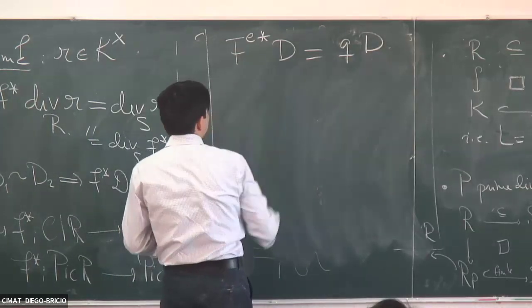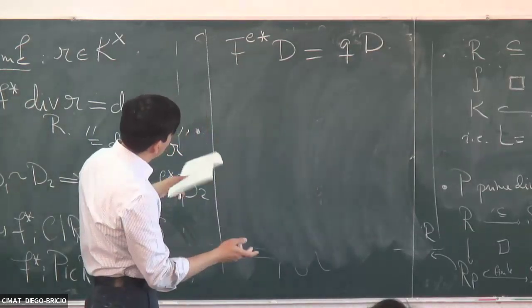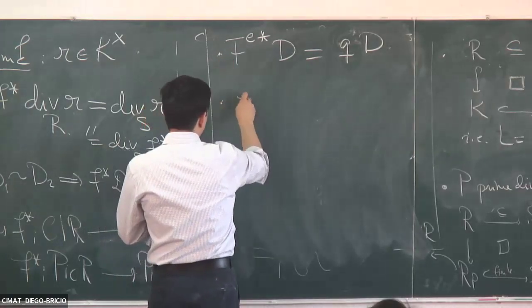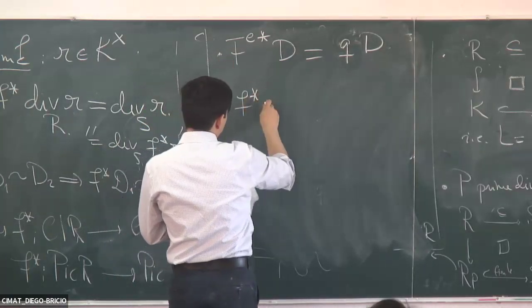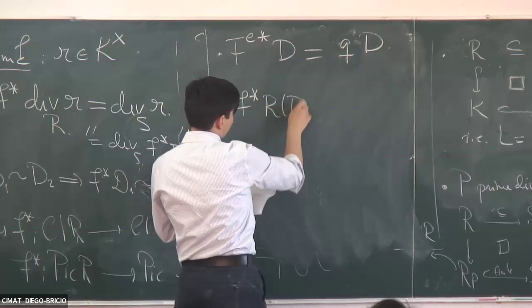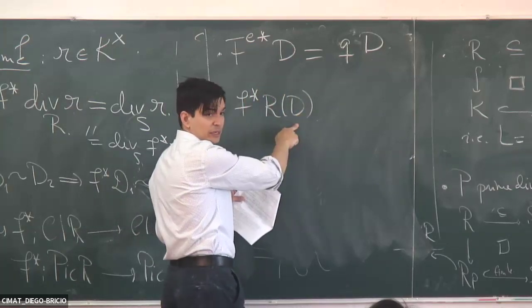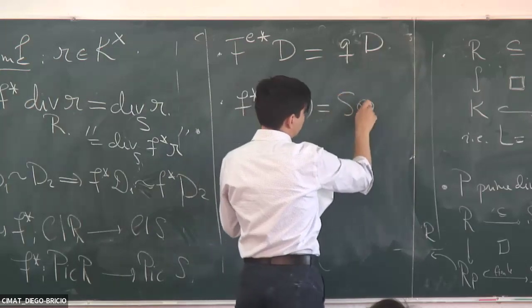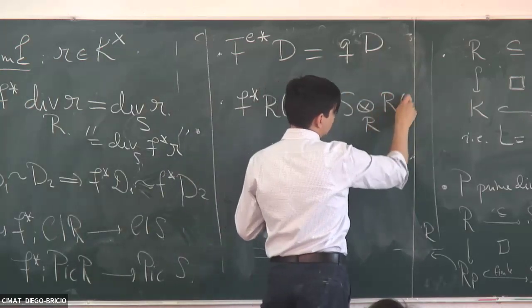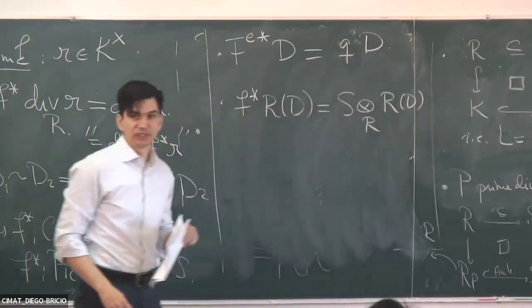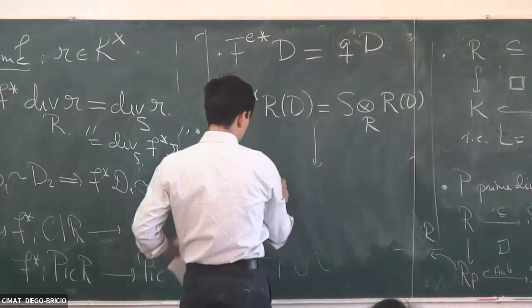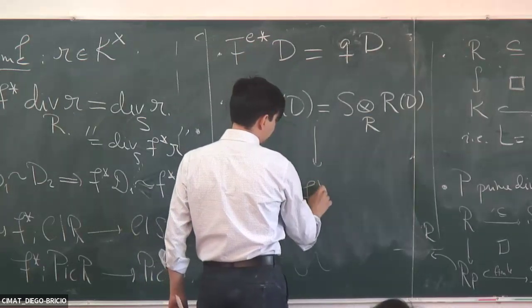You see that here we've been pulling back divisors, but we also know how to pull back modules. This is a module. I can pull it back. By definition, this is S tensor over R of R(D). It's just extension of the scalars. There's a canonical morphism to S(pullback of D).